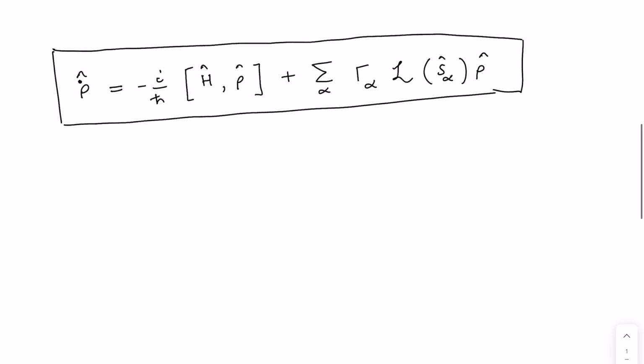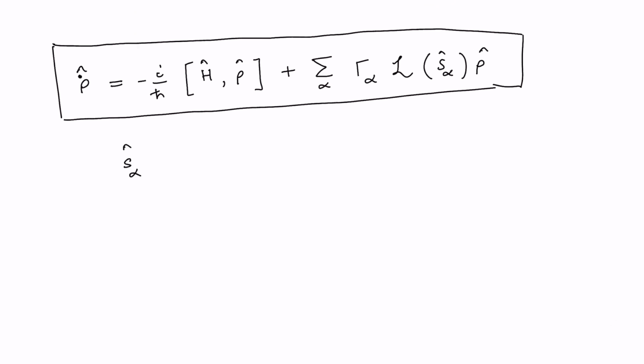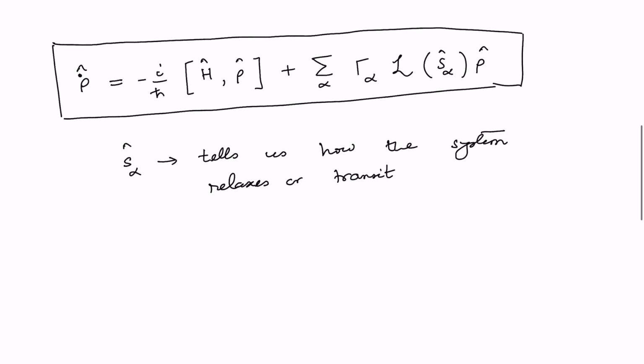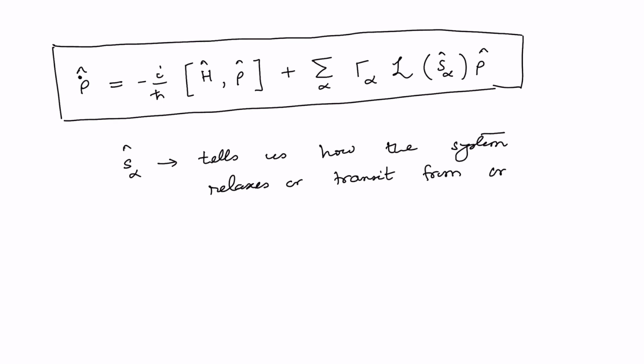Here this operator S alpha, which is the system operator, actually tells us how the system relaxes or transitions from one state to another because of interaction with the reservoir.